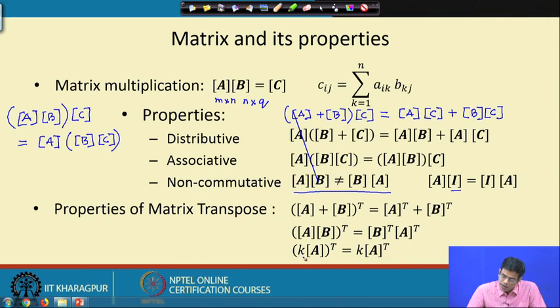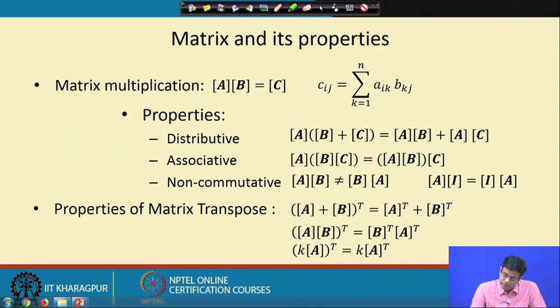If you multiply a scalar with matrix A and then transpose it, that is equivalent to taking the scalar outside, transposing the matrix, and then multiplying the scalar with it. These properties are very simple, and we need to remember them.